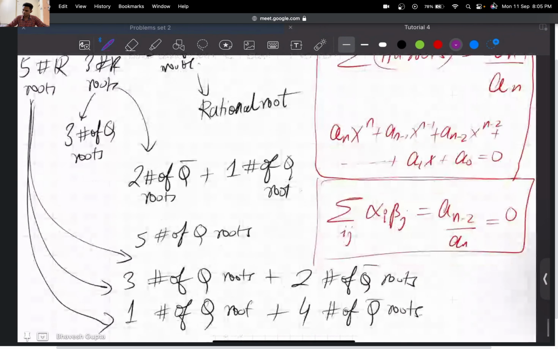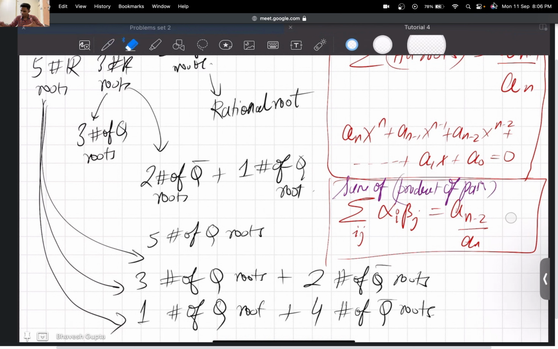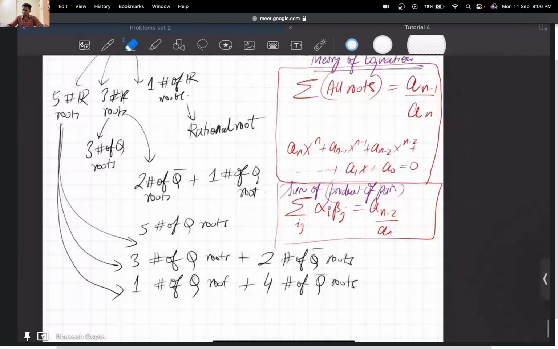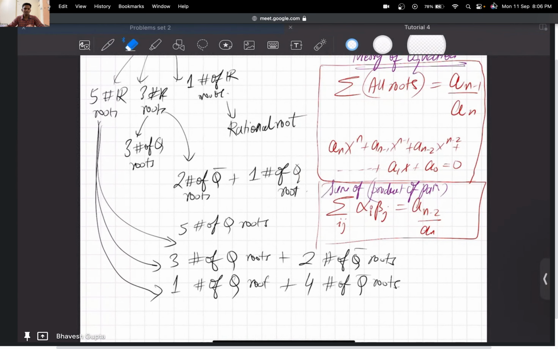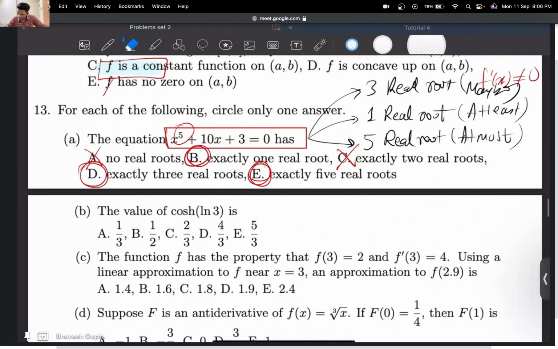So this is basically the sum, the sum of pairs, the product of pairs. That turns out to be this kind of coefficient, and in this problem we can see that it turned out to be 0. So maybe we can use these silly tricks to narrow down the answer without solving the problem.